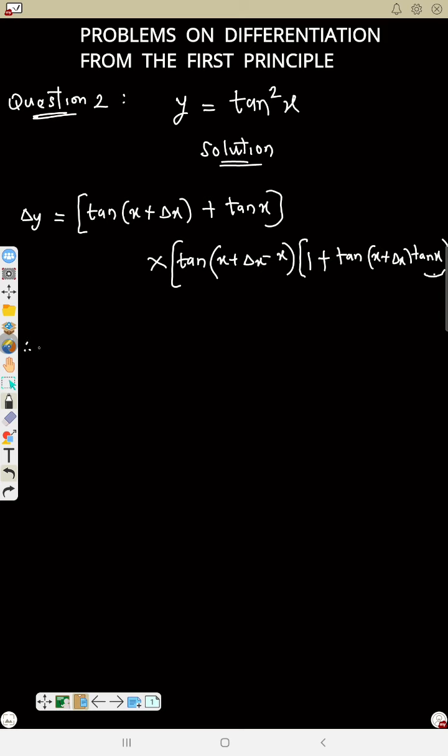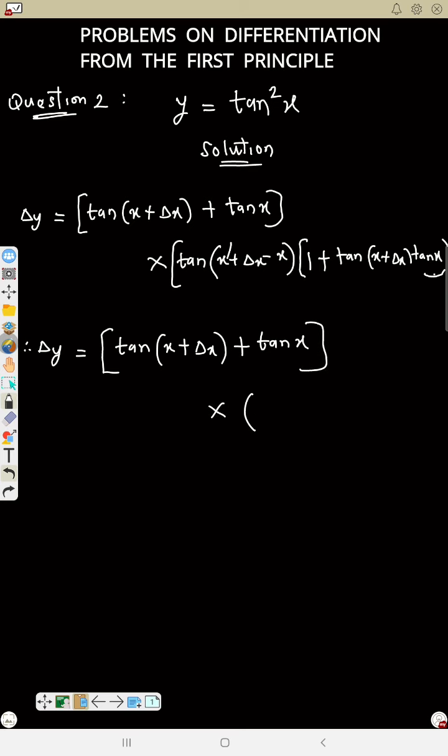dy is equals to tan x plus dx plus tan x times, now x will cancel out, so that will be 0. It will remain tan dx.